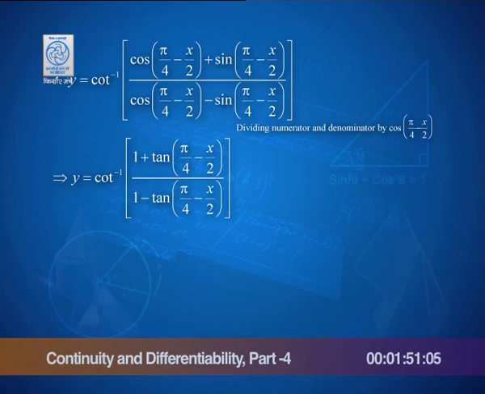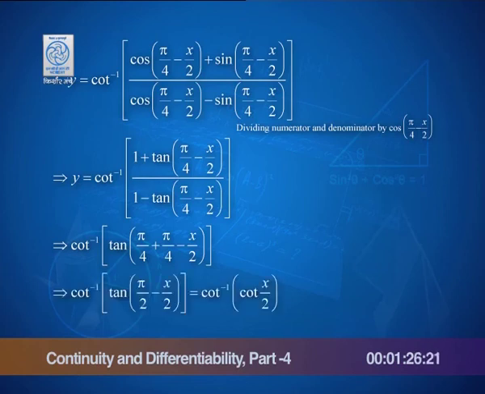In case you have forgotten, what we do is divide numerator and denominator by cos pi by 4 minus x by 2. This leads us to nothing but cot inverse of tan of pi by 4 plus pi by 4 minus x by 2, a very familiar expression. This results in nothing but cot inverse of tan of pi by 2 minus x by 2 leads to cot of x by 2. And see, our y is just nothing but x by 2.